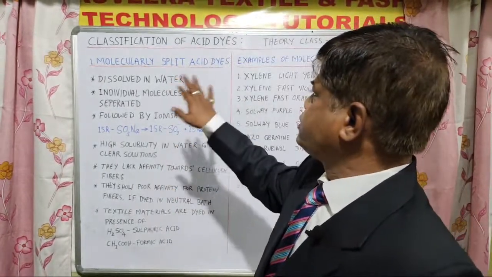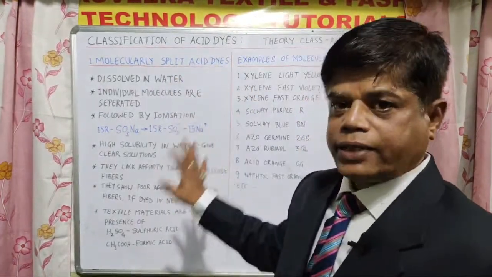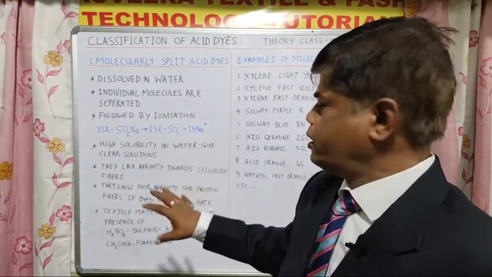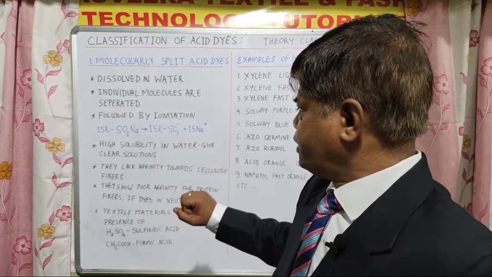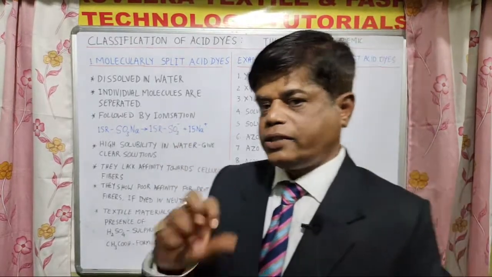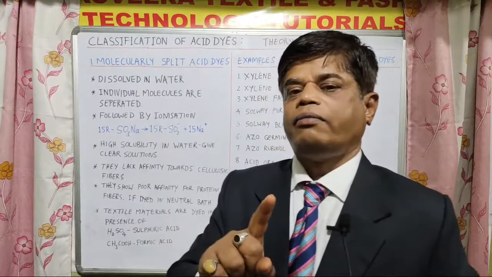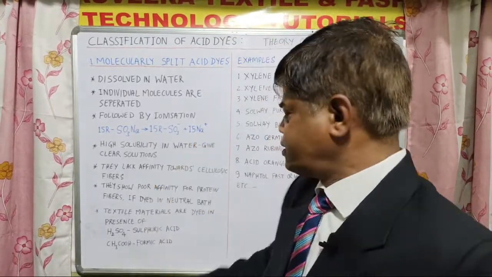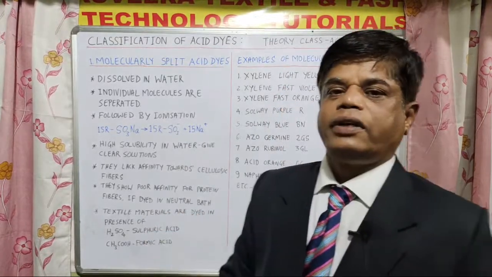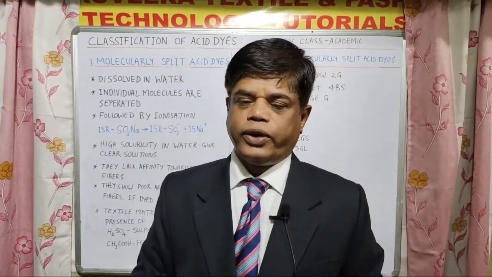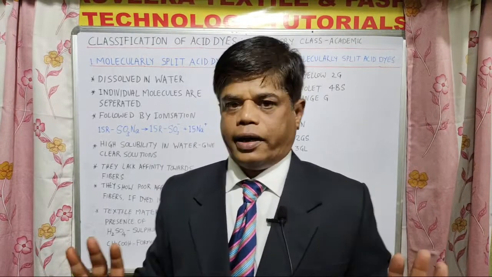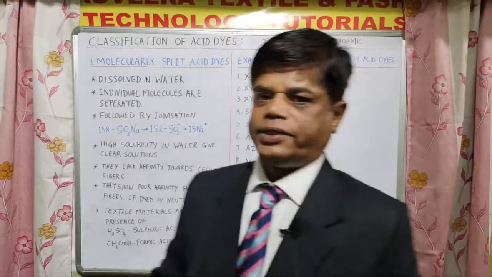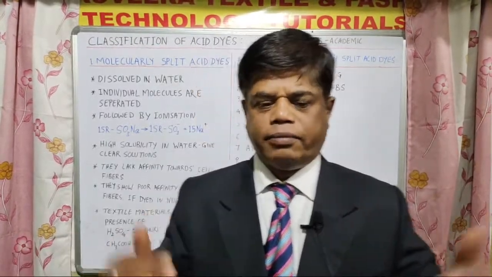So even though molecularly split acid dyes have clear solutions, in terms of affinity and exhaustion percentage, a neutral bath gives poor efficiency and it requires the addition of sulfuric acid or formic acid. Friends, this is about the molecularly split acid dyes. I don't need to explain more.